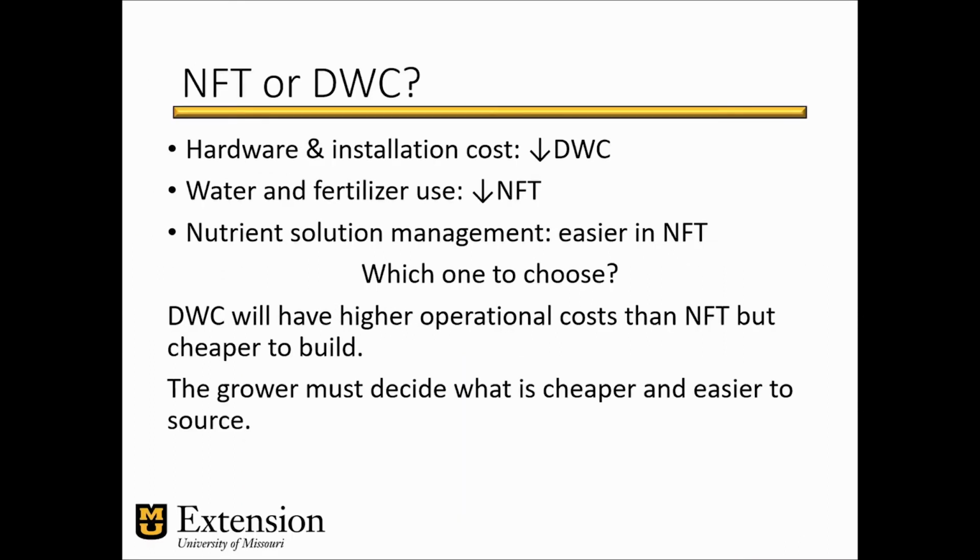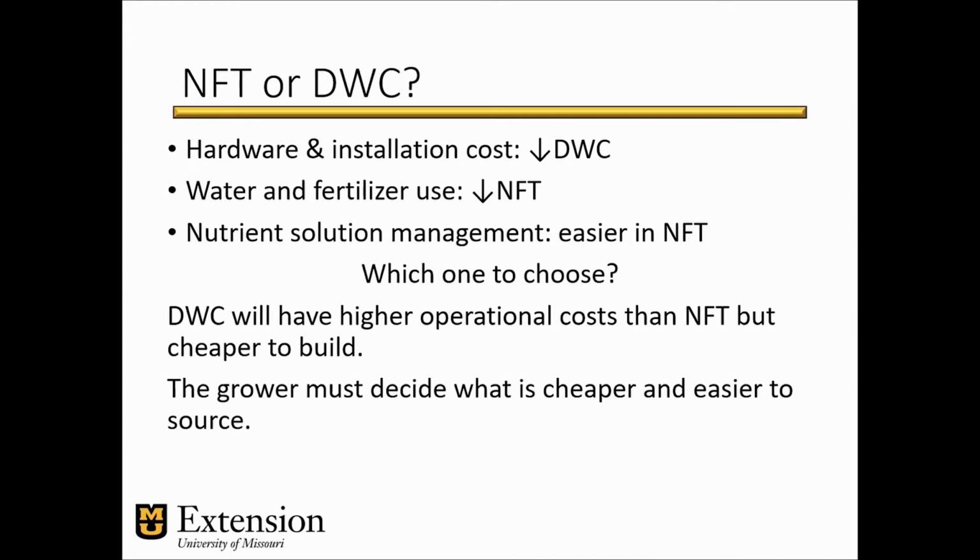Which system do you use if you're growing leafy greens and herbs? It depends on your specific scenario. The hardware and installation costs are higher for NFT systems as opposed to deep water culture systems. And NFT systems also end up using less water and fertilizer in the long run.